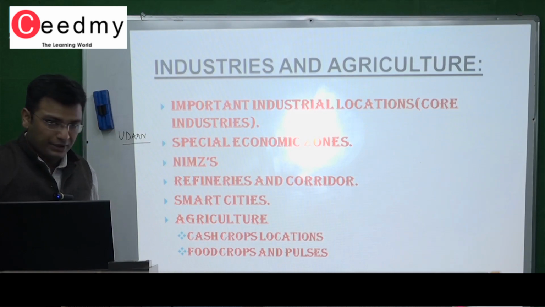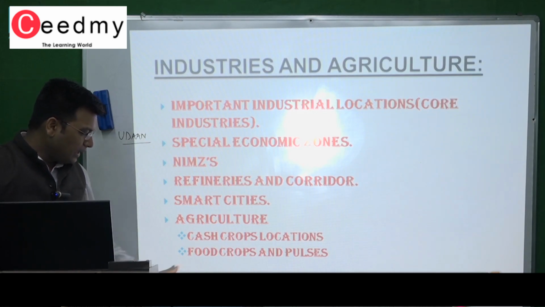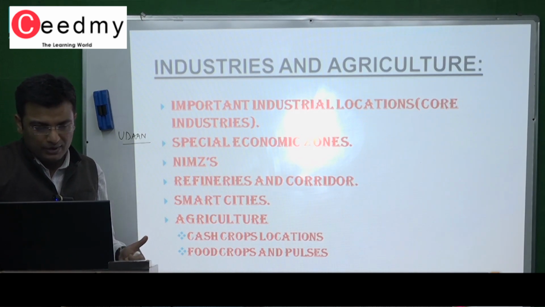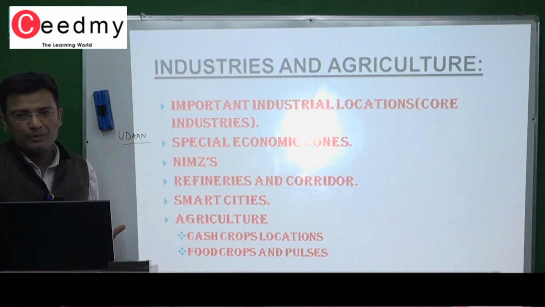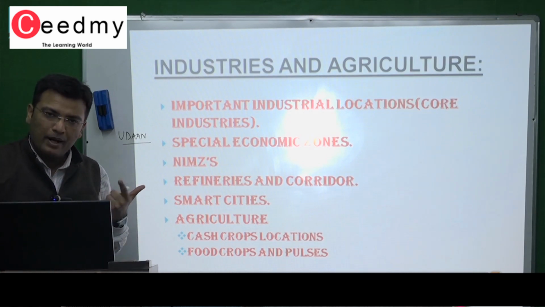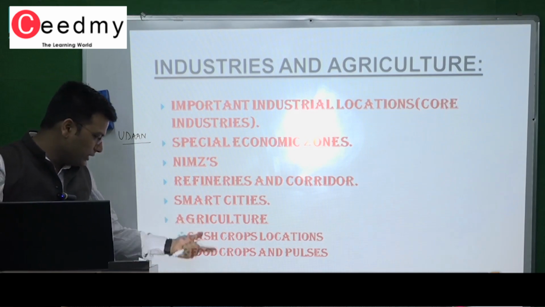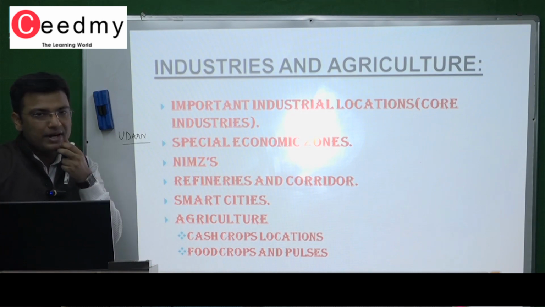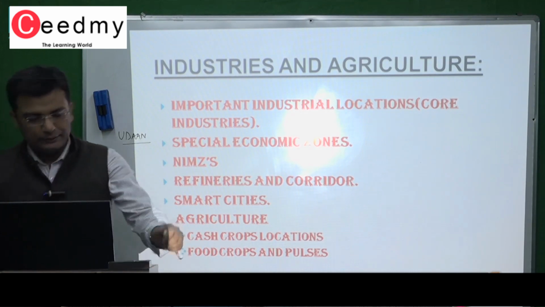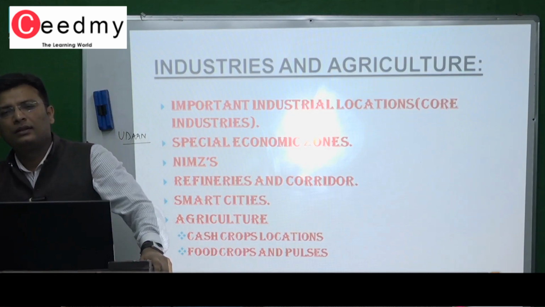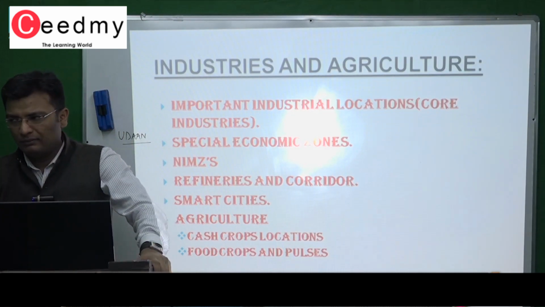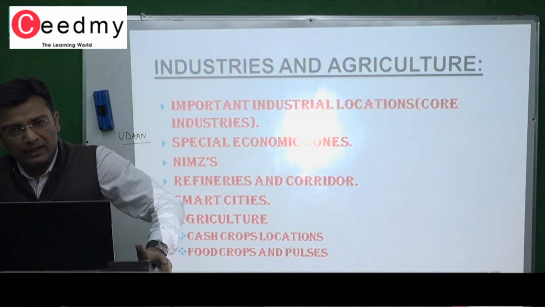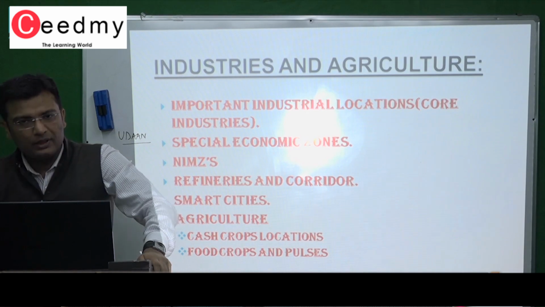Agriculture: important cash crop locations, and food crops and pulses, important areas for pulses, for food crops like wheat, rice, and cash crops like jute, sugarcane, soybean, the bowl of soybean like the Malwa region of Madhya Pradesh, etc.